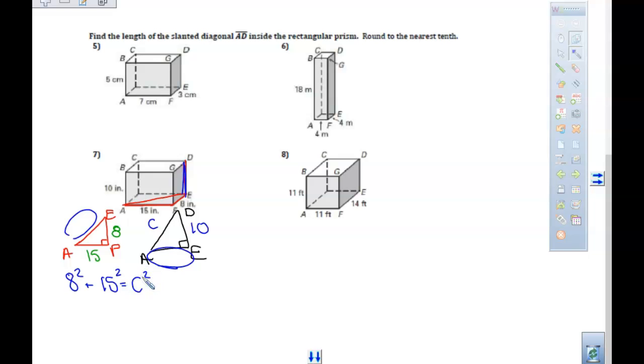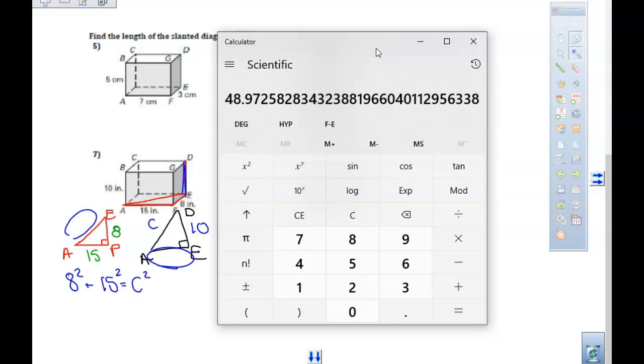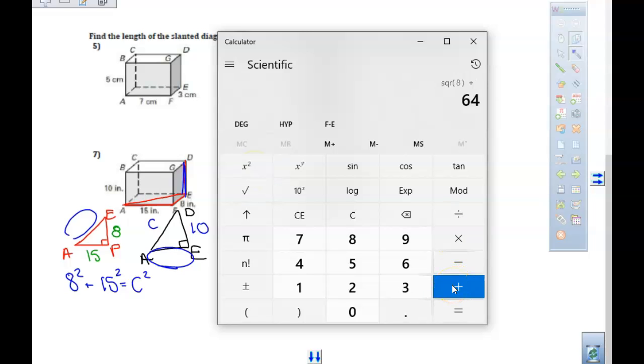Use those calculators. 8 squared plus 15 squared, right? So I get 289. Hopefully, like I did there, you notice when an answer doesn't even make sense.